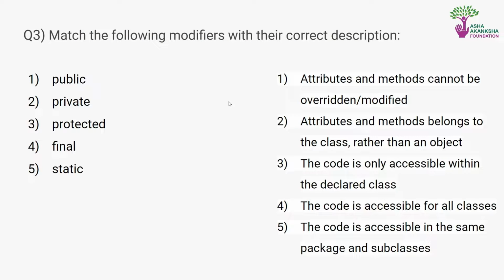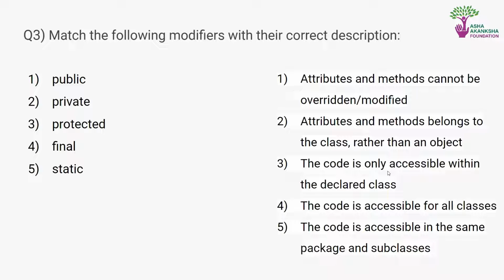Then question number 3: match the following modifiers with their correct description. So let's read the right side and match each to its left counterpart. Attributes and methods cannot be overridden or modified: this is final. Attributes and methods belong to the class rather than the object: this is static.